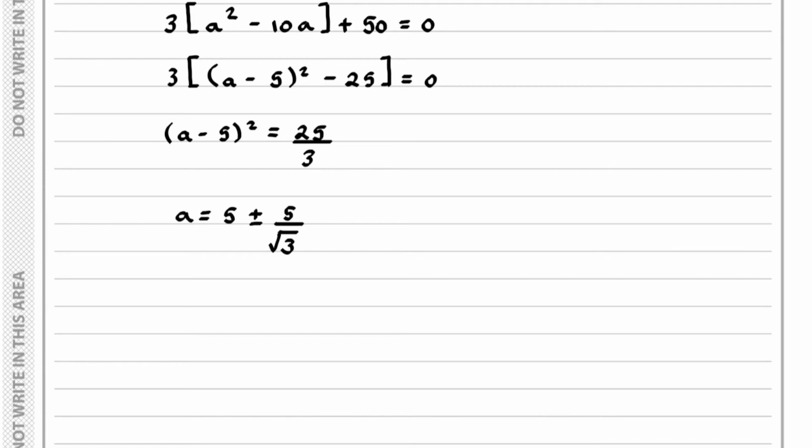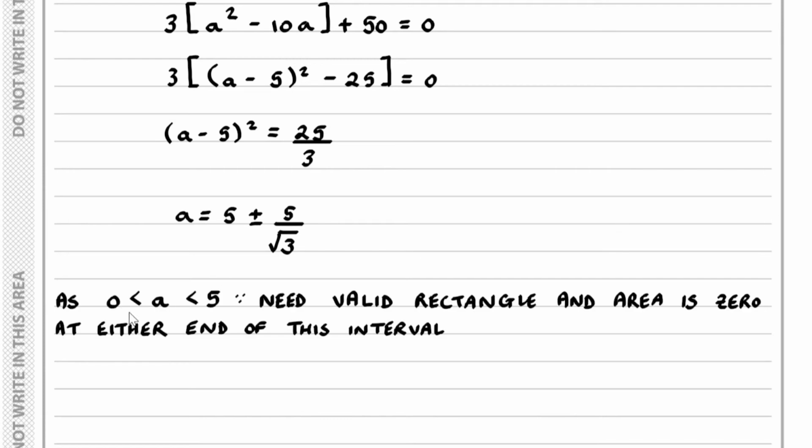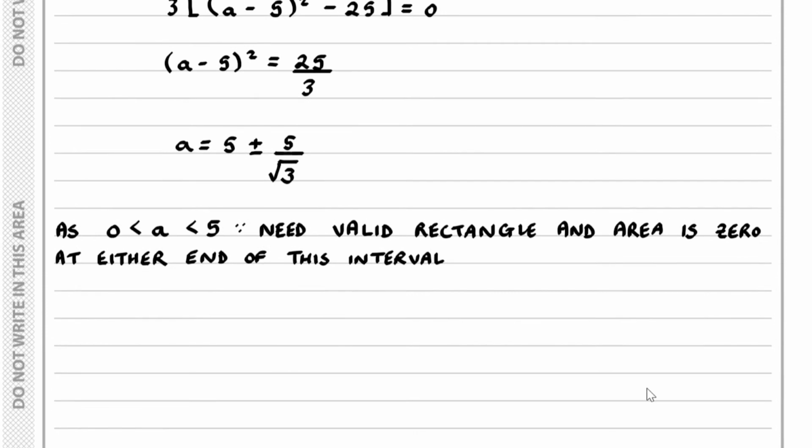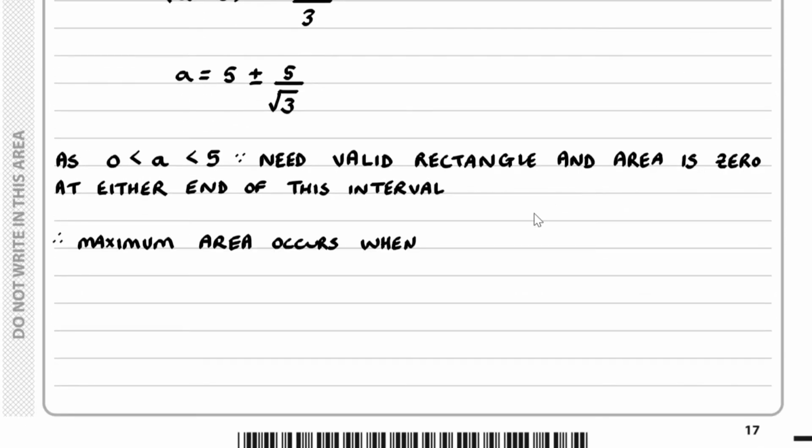Now, as a is in between 0 and 5, and that's because we need a valid rectangle and the area is 0 at either end of this interval, we can conclude the maximum area occurs when a is equal to 5 subtract 5 over the square root of 3.